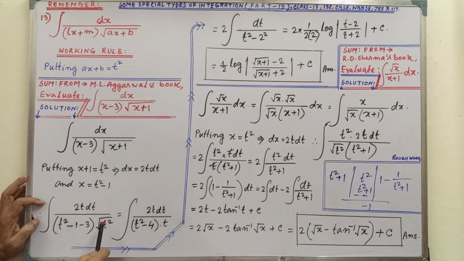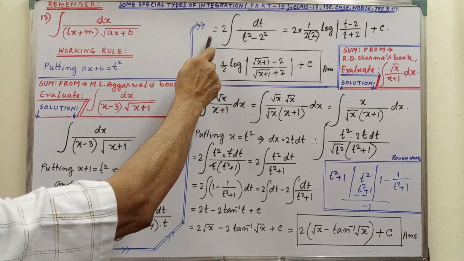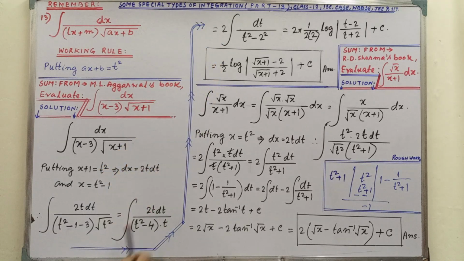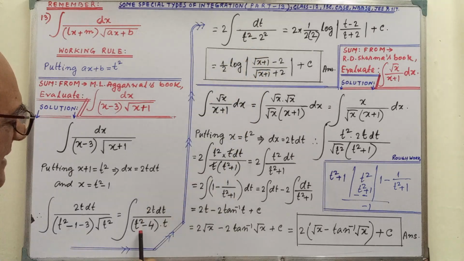X plus 1 is t square, so root over x plus 1 equal to root over t square. Now we have to simplify: minus 1 minus 3, that is minus 4, and square root and square will be eliminated, then it will be t. Now these two will come outside of the integration, then t and t will be cancelled. It will be dt by t square minus 4.